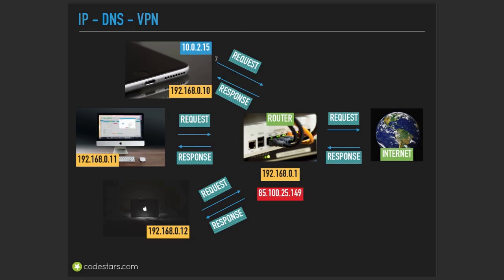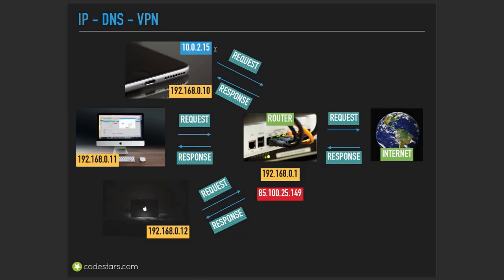This doesn't have to be necessarily that way, but this is general convention and you will come across this situation most of the time. So if you try to get your own local IP on your own computer, you will end up with a number like this. And if you try to get the local IP from your virtual machine, you will end up with a local IP like this.